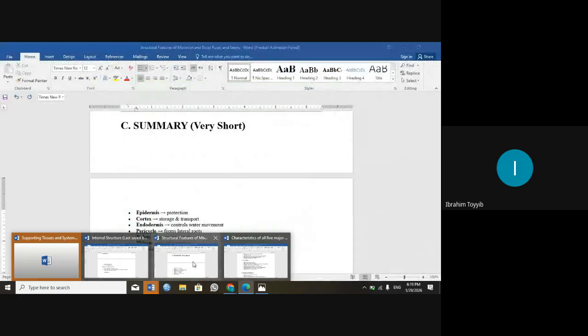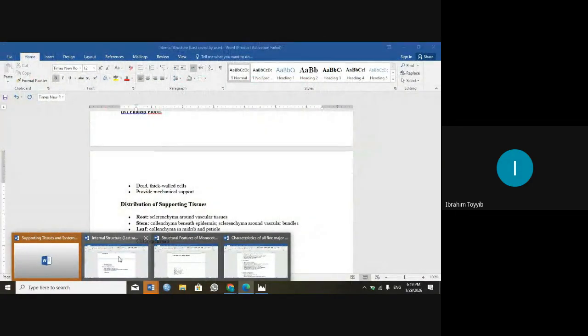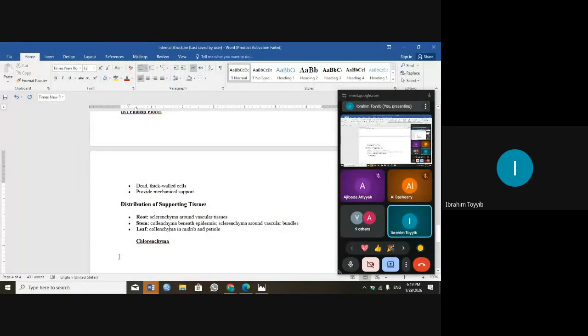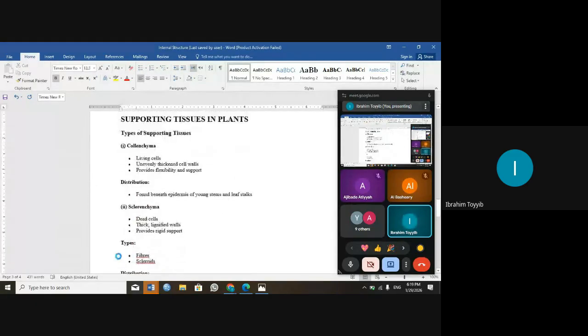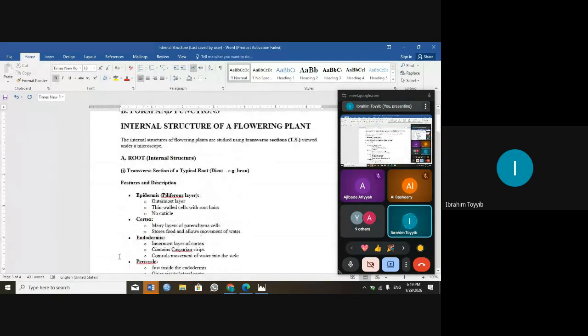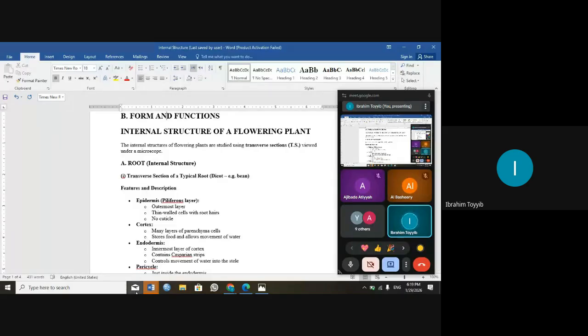Now, so that is about it. Who can tell me what are the cells of xylem? What are the cells in xylem? Sclereids and fibers.